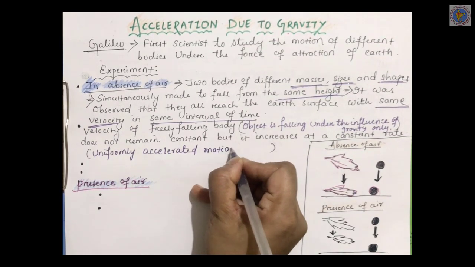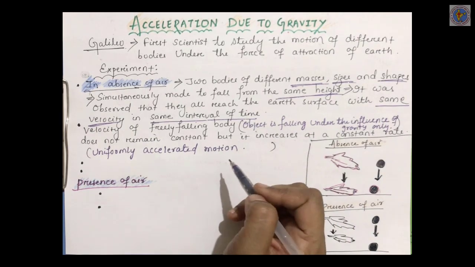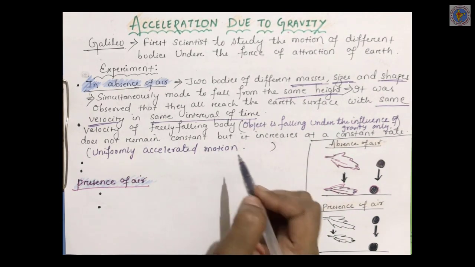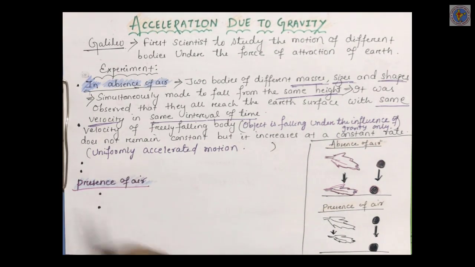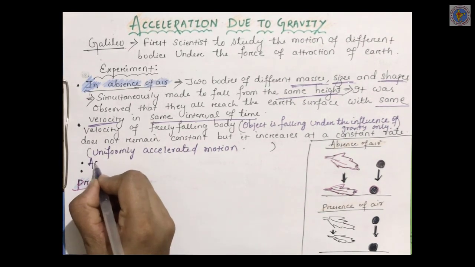What do you mean by uniformly accelerated motion, children? In uniformly accelerated motion, the acceleration remains constant. So in this experiment, he found that the acceleration of all the bodies was the same.